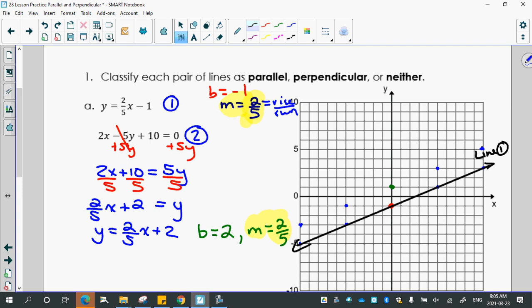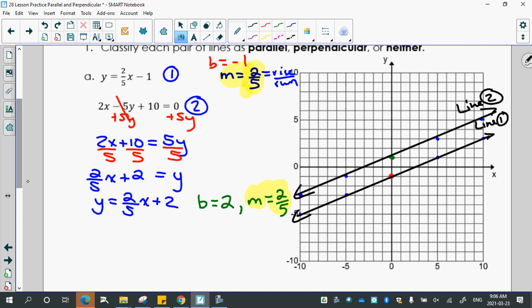And when I draw it in, it should look parallel because it has the same slope. So here's line 2. Classify each pair of lines as parallel, perpendicular, or neither. Therefore, these lines are parallel.